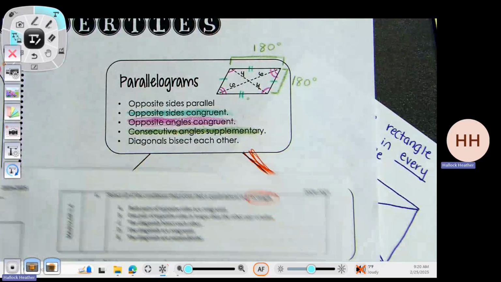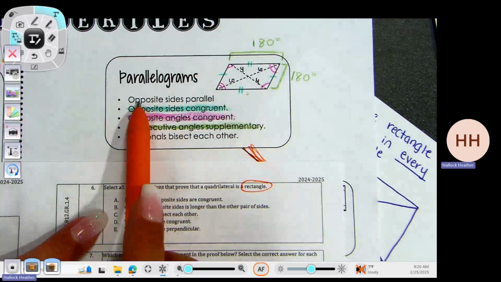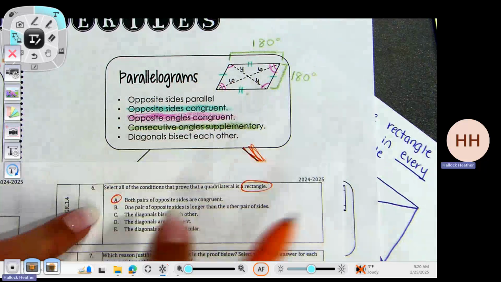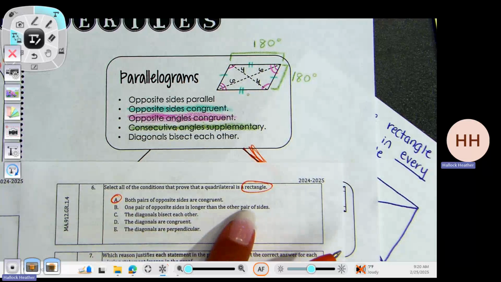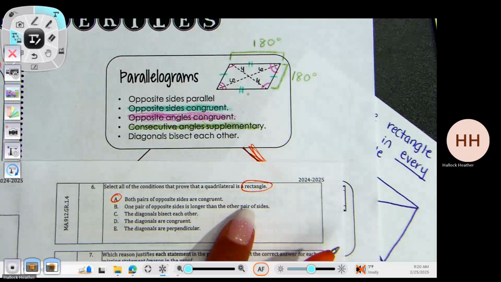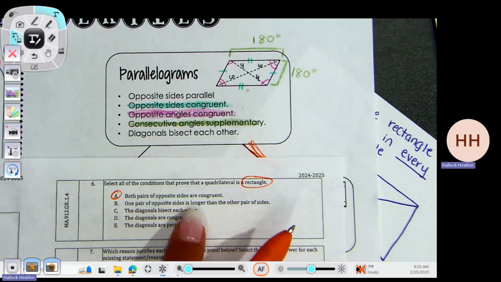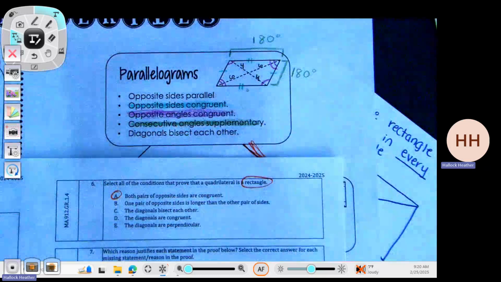So it says both pairs of opposite sides are congruent. So I look here, opposite sides are parallel, opposite sides are congruent. One pair of opposite sides is longer than the other pair of opposite sides.